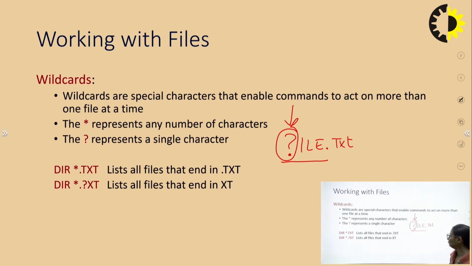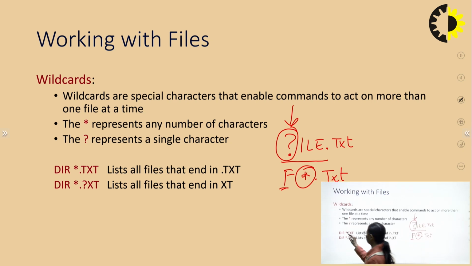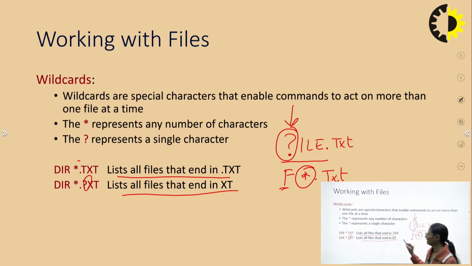Clear? But if I give, for example, f*.txt, it says the name of the file starts with f, and it could have 0 or more characters after it. So dir *.txt lists all the files that end in txt. If I give a question mark here, it says list all the files that end in xt, that is for my extension.